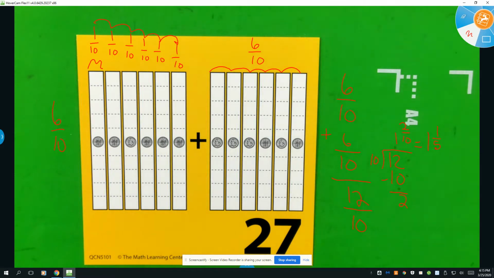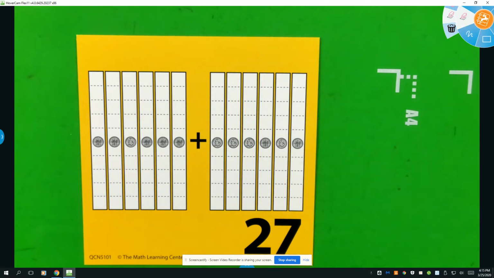All right. Now, if we were to add this as just decimals, let me get rid of this. Decimals, same thing. We all know in here, and we've been working really hard on this, to know that 6/10 as a decimal is the same as 0 and 6/10. And we know it's 0 and 6/10 on both sides.